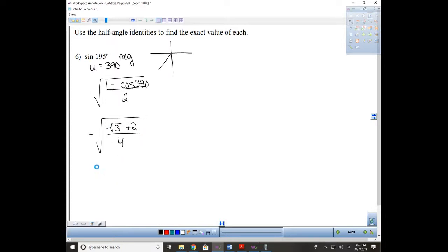Square root the top. And the square root of 4 is 2. So important things to remember is make sure you double. Make sure you use this angle to tell what quadrant you're in, because that's going to tell you what sign to use on the sine and the cosine ones.